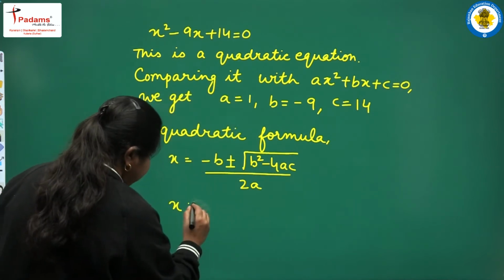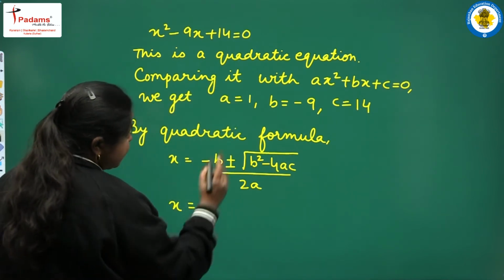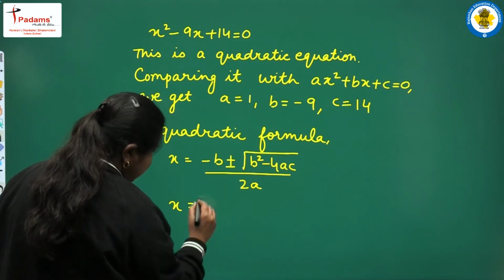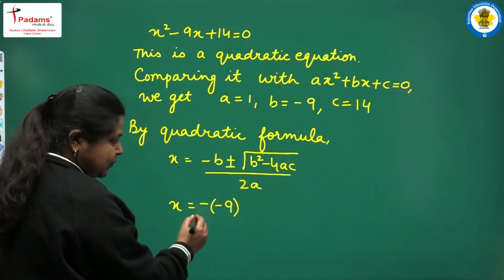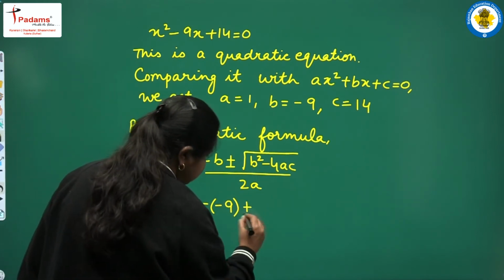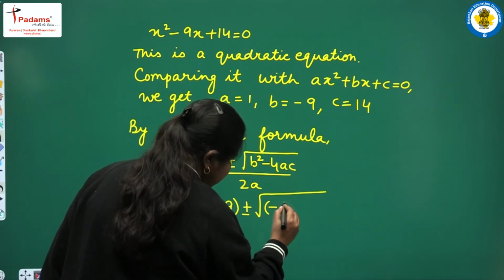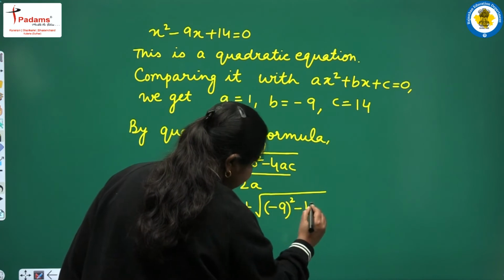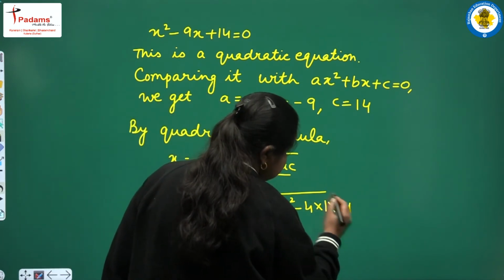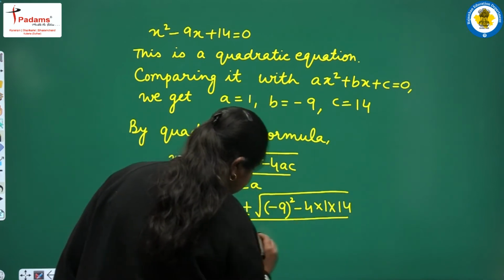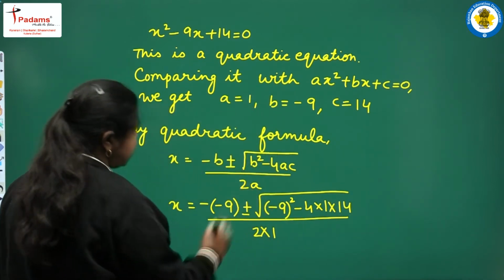Next, place the values of a, b and c. a is 1, b is minus 9. So one minus will come from the formula and one minus will come from the value of b. So minus of minus 9 plus minus under root b square, which means minus 9 square, minus 4 into a, a is 1 and c is 14, upon 2 into a, which is 1 here.